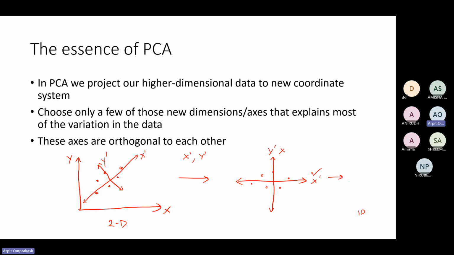So if you want to represent this as one-dimensional data, we project all the points onto the X prime axis and plot those. These will be our points now, a one-dimensional representation. So this is PCA.